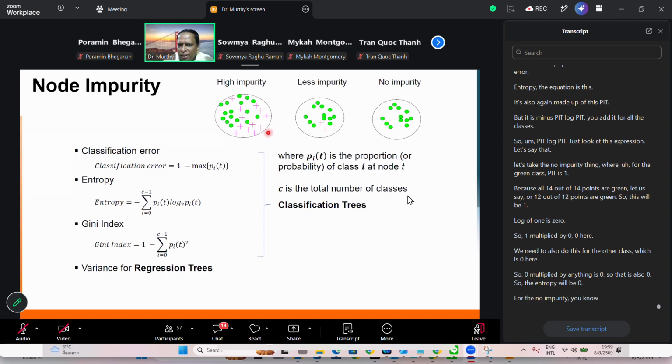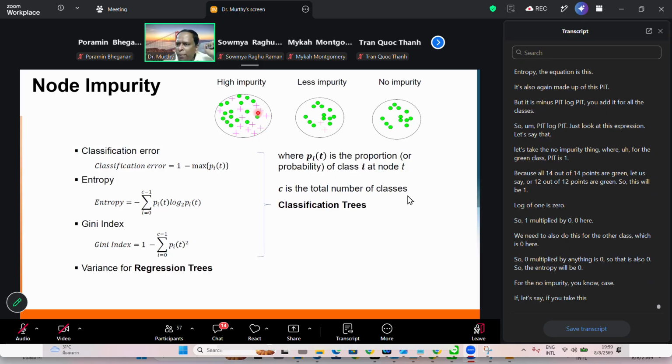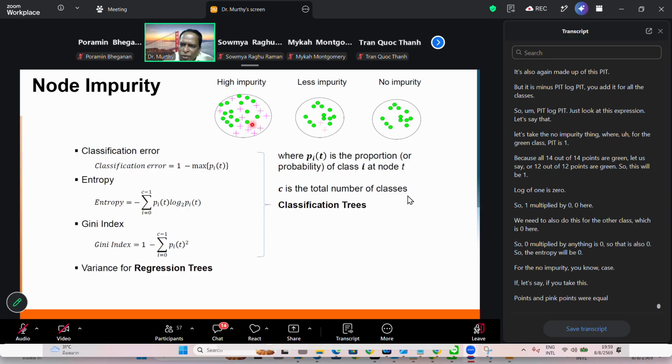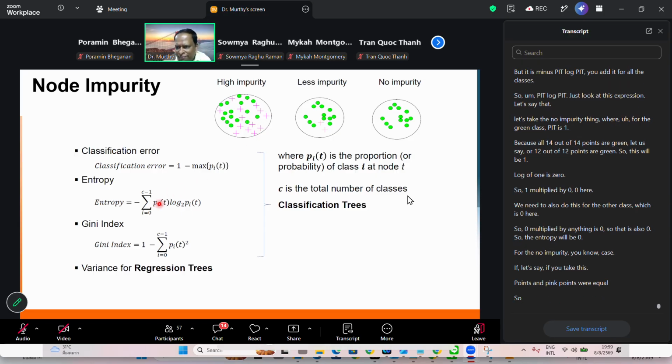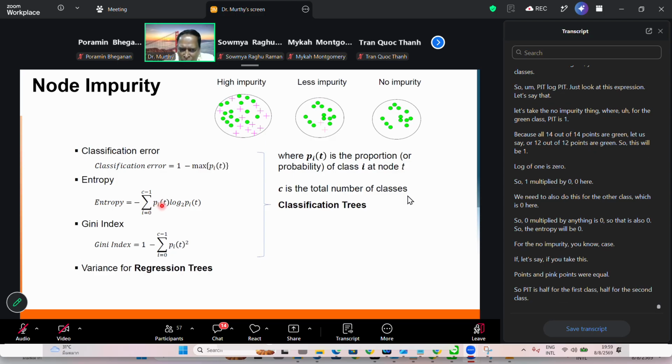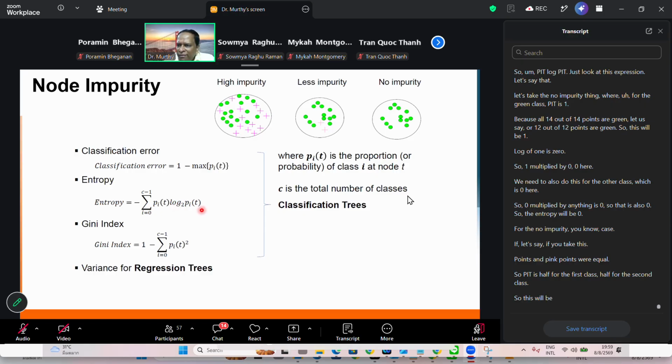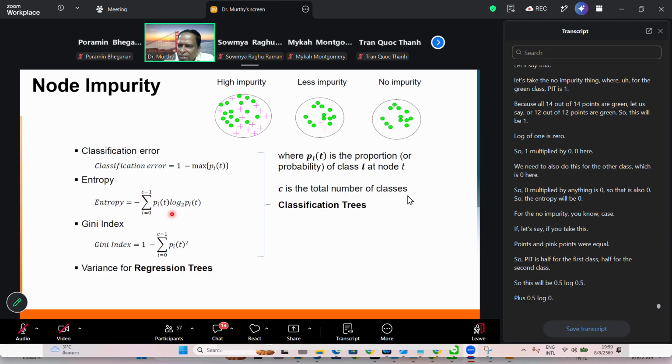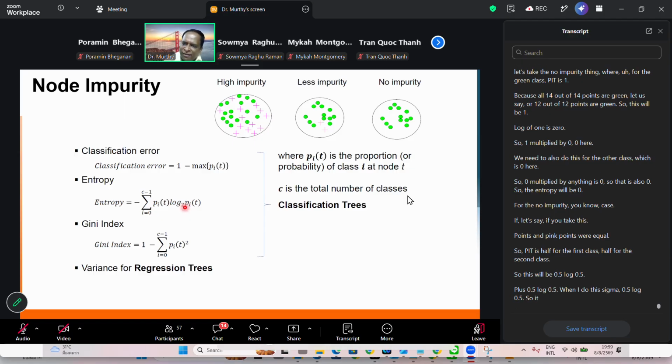If, let's say, the green points and pink points were equal. So PIT is half for the first class, half for the second class. So this will be 0.5 log 0.5 plus 0.5 log 0.5. When I do this sigma, 0.5 log 0.5, so it will be log 0.5.